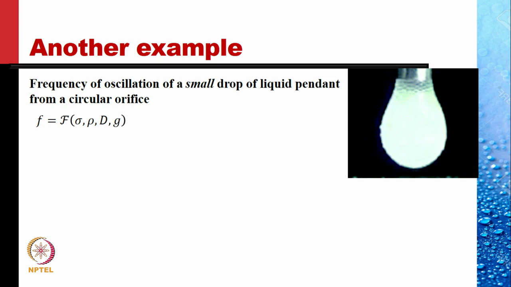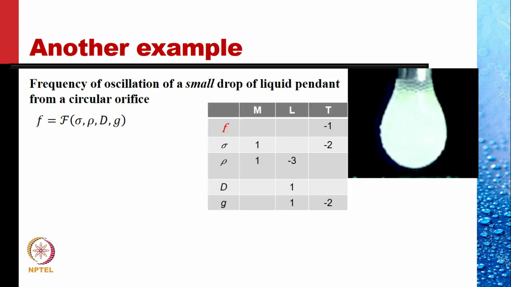So n is equal to 4 in this problem, 4 independent parameters. We choose the MLT system again, quite convenient. We understand the dimension very intuitively, and we write the dimensions for all the quantities, dependent as well as independent: f, sigma, rho, d, and g.